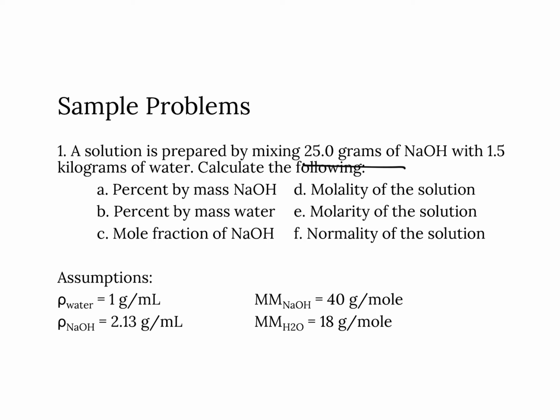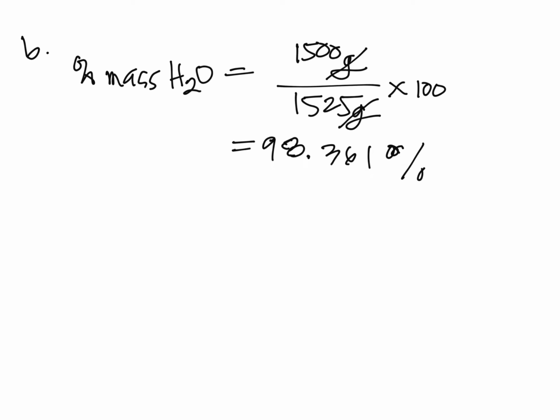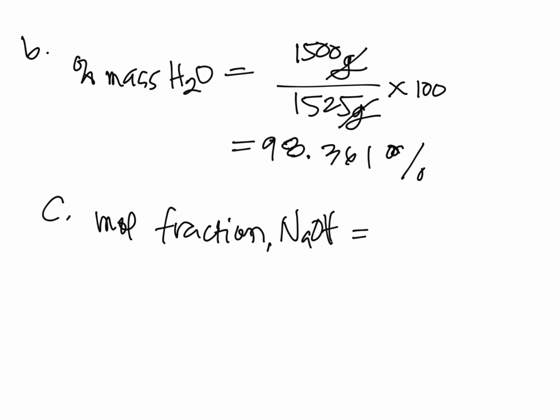For letter C, mole fraction of sodium hydroxide. When you say mole fraction, that's sodium hydroxide, so that means moles of sodium hydroxide, you divide it by the moles of the solution.